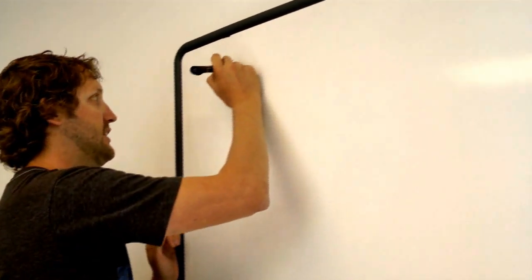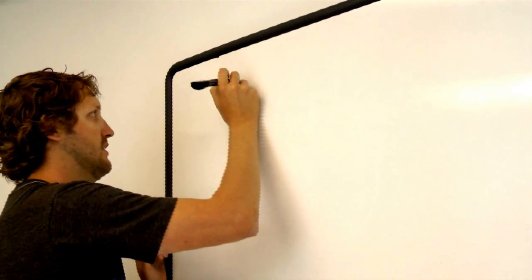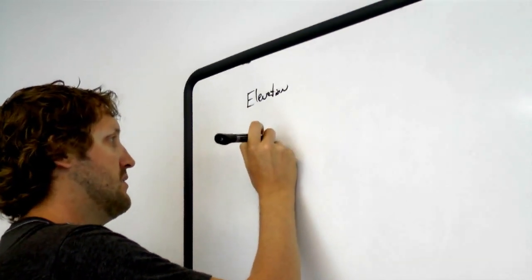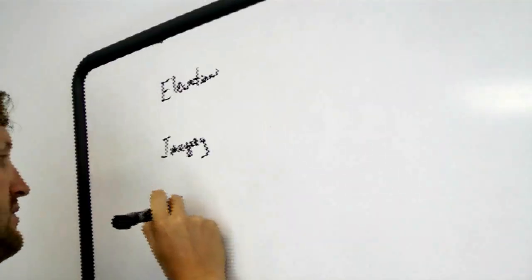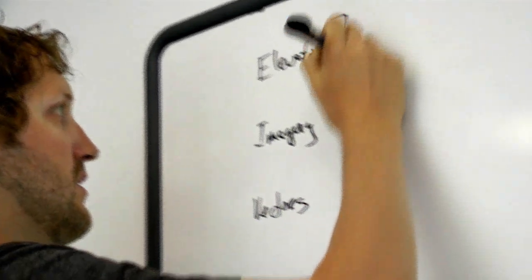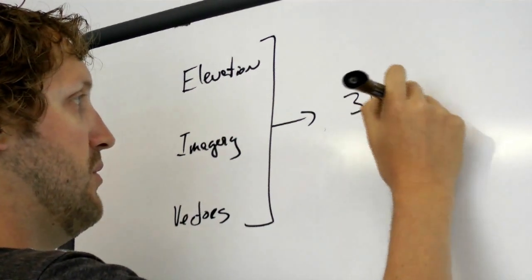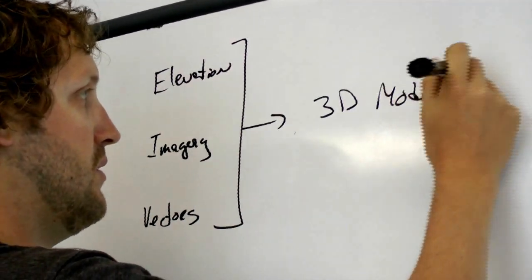It all starts from raw geospatial data, and that includes three main factors: elevation data, imagery, and vectors. All these will come together and create a 3D model or terrain.